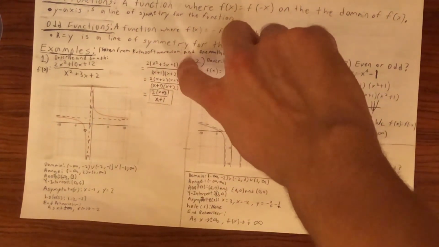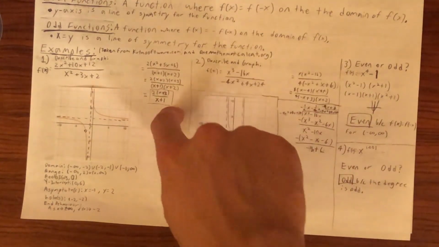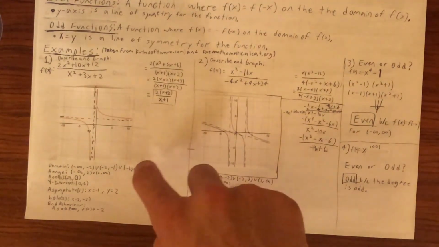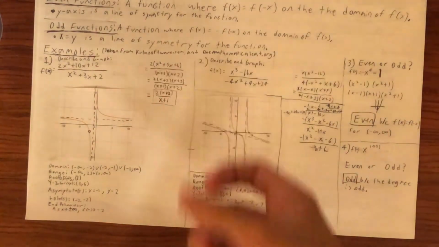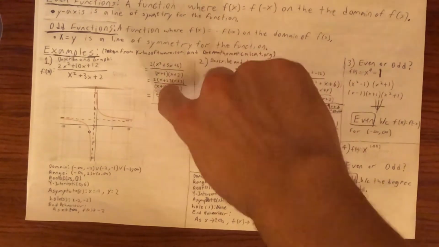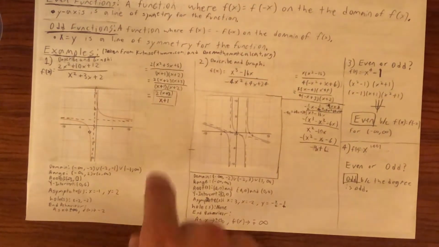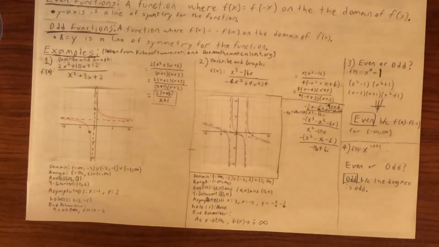You figure that out by evaluating this function down to here, and you also have to get the domain, the range, the root, the y-intercept, the asymptotes as previously mentioned. There's also a hole here. You have to cancel that out, which you can see here, as well as the end behavior, which, as you can see, as x goes to negative infinity, it goes to -2, as well as when it goes to infinity.